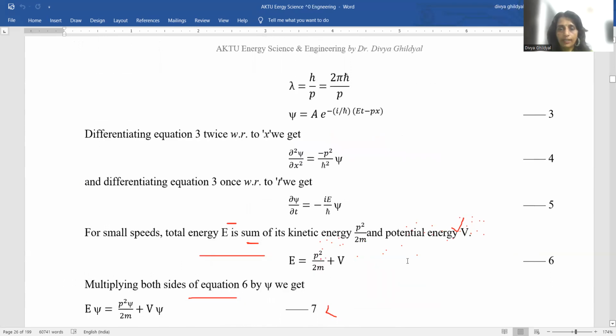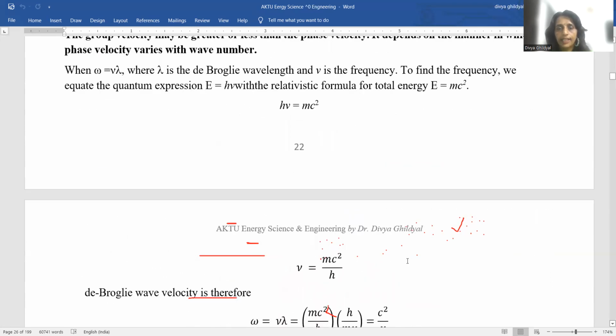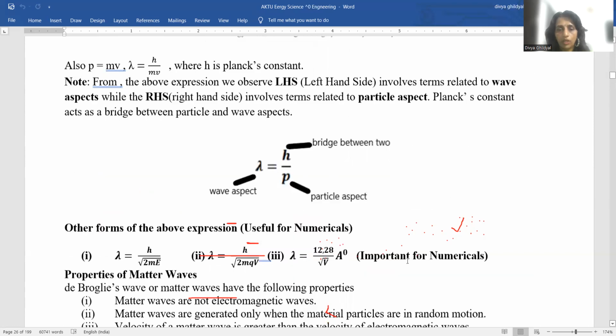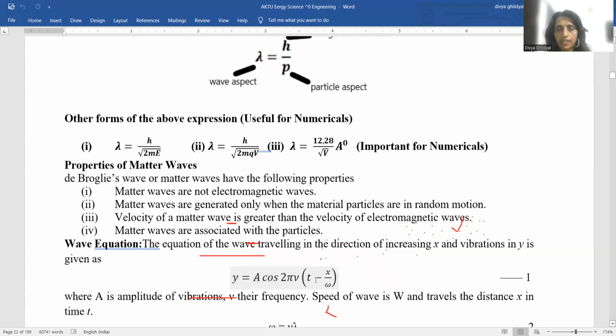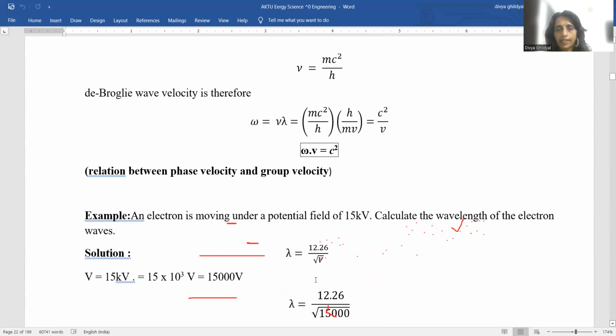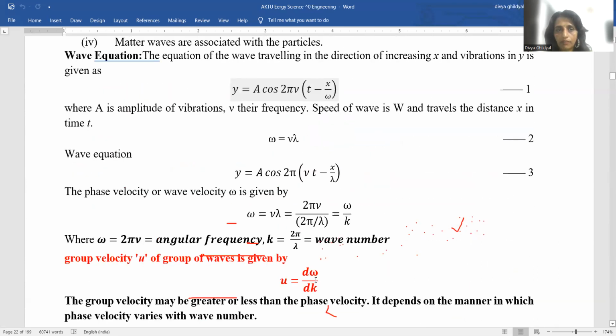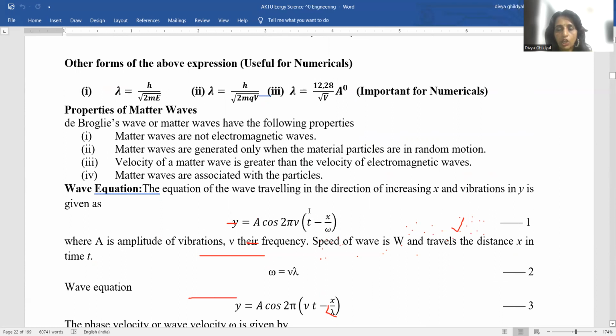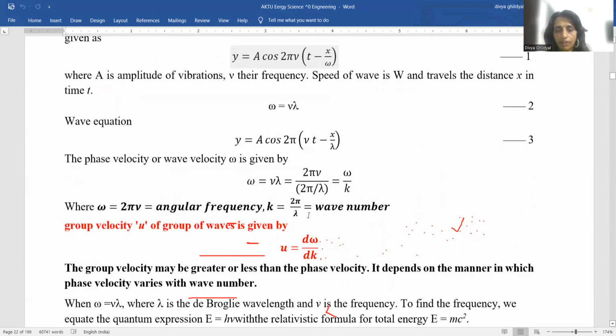So quickly I revise what I studied in today's lecture. I studied that de Broglie equation gives the relation between wave nature and particle nature. I studied that wave function, in order to be acceptable in quantum physics, should be normalized, finite, continuous, and differentiable.